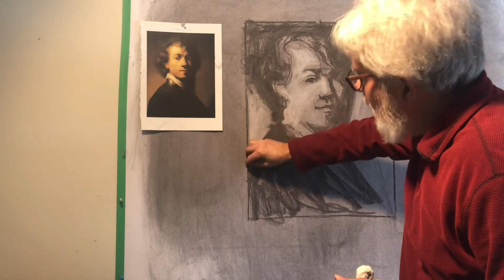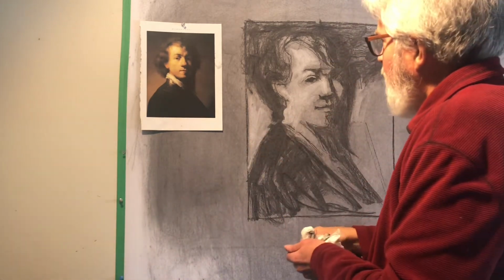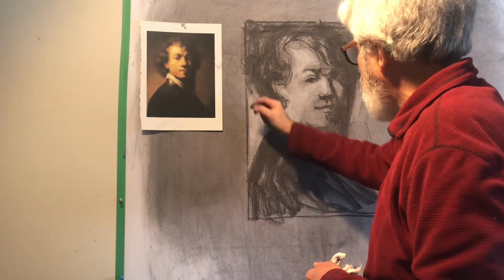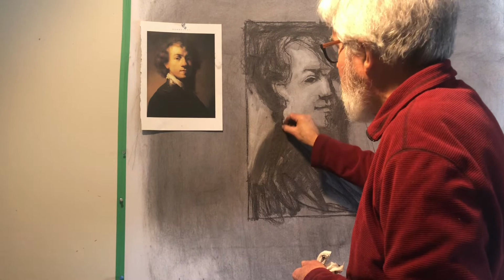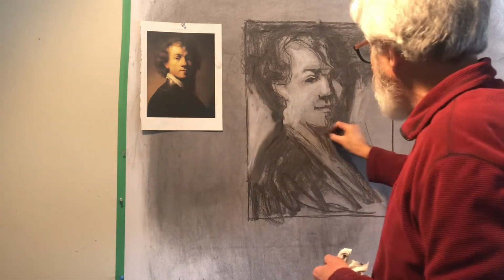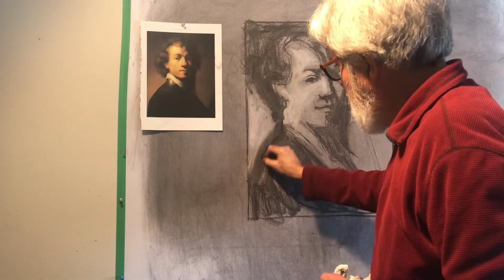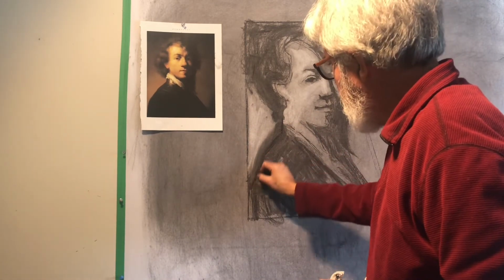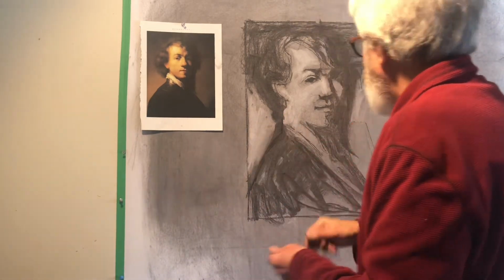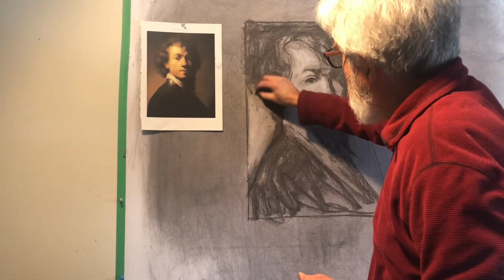Watch the negative spaces as they come down. I'd have to play with this a little bit because this actually comes down a little lower like this. Now that I look at it, this comes down lower, it's below his chin. And then this comes down a little bit more like that, which I think will be a little better. And then his hair comes right about the chin line.